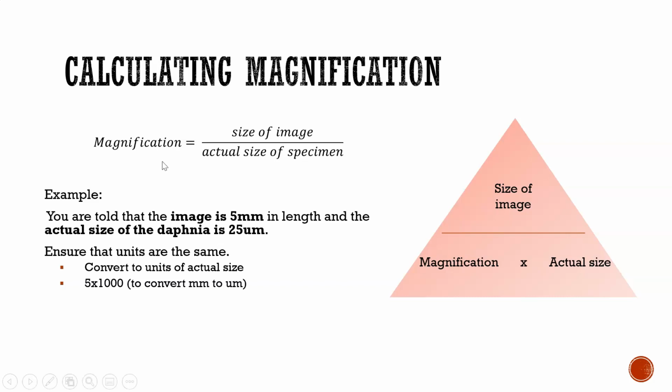So our size of the image is 5,000 micrometers and our actual size of the specimen is 25 micrometers. 5,000 divided by 25 gives us 200 times magnification.